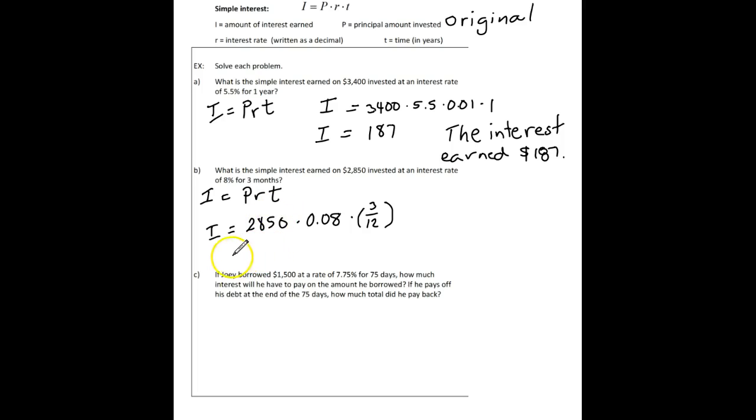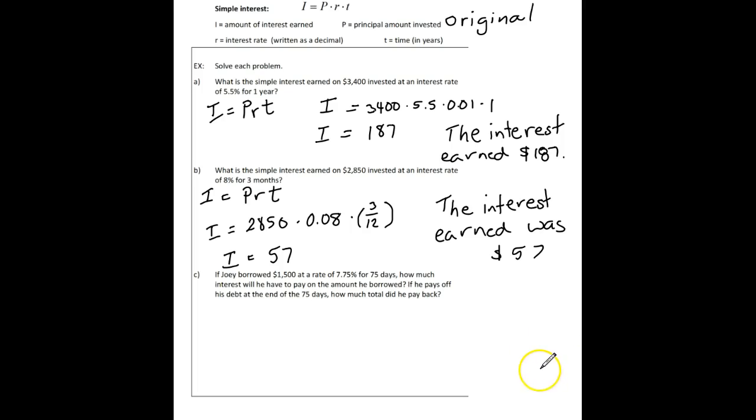And what do we get? Okay, so the interest earned was $57. Okay?